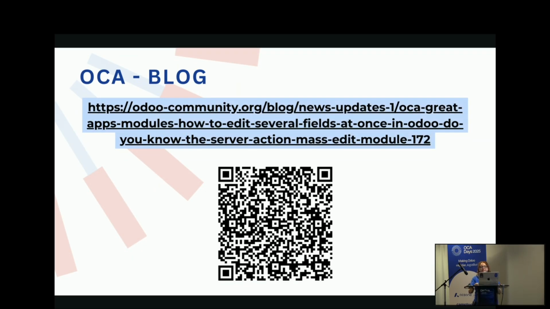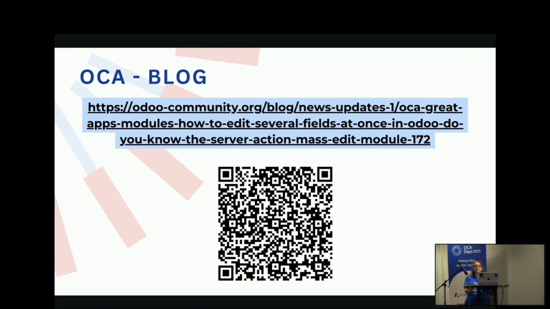So here are some resources. There's an OCA blog on this module explaining how to use it, with some use cases. It's really, really interesting, and it's not a blog with just two lines. It's a real blog, so you should really go there and read it.